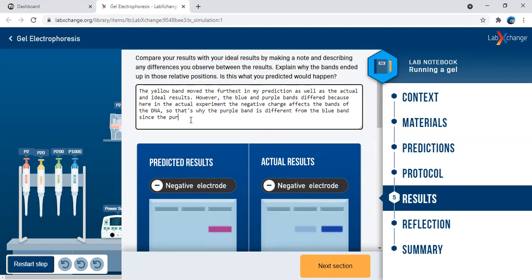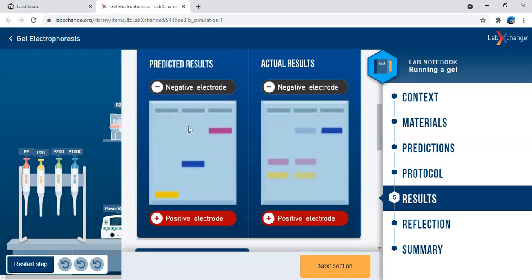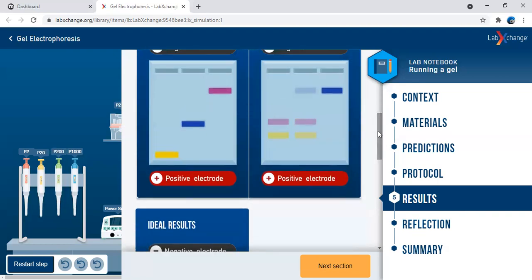The purple band has more of a negative charge. In the predictions, they told us the negative charge was equal for all of them. But in the actual experiment, what matters is negative charge, and we can see that purple is more negatively charged than the blue.